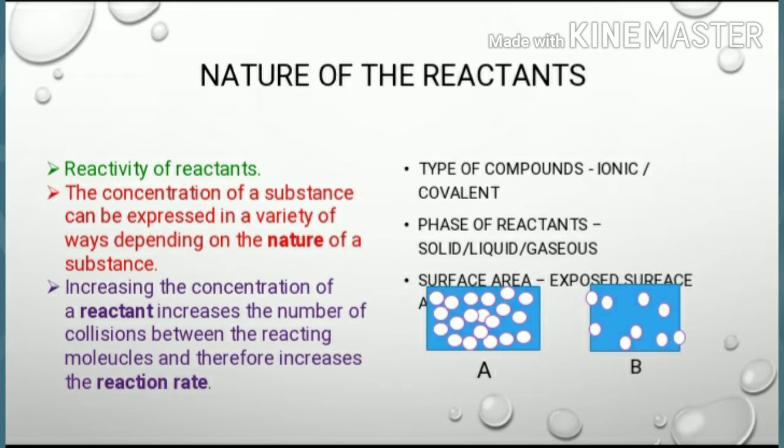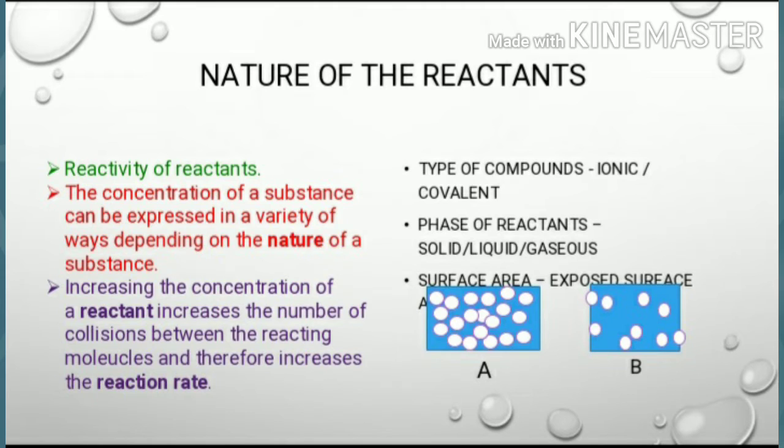Increasing the concentration of a reactant increases the number of collisions between the reacting molecules. We know that the molecules present inside a substance keep on colliding with each other, and due to the collision, the reaction rate increases. Now, what is the nature of the reactants?